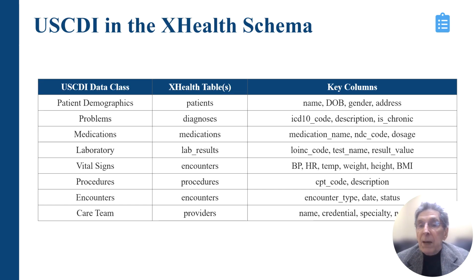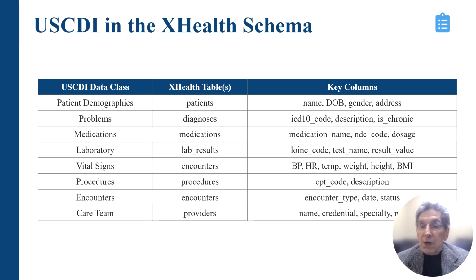Let me show you the direct mapping between USCDI data classes and XHealth tables. This makes the alignment very concrete. Patient demographics. That's a USCDI data class. In XHealth, it maps to the patients table with columns for first name, last name, date of birth, gender, address fields.